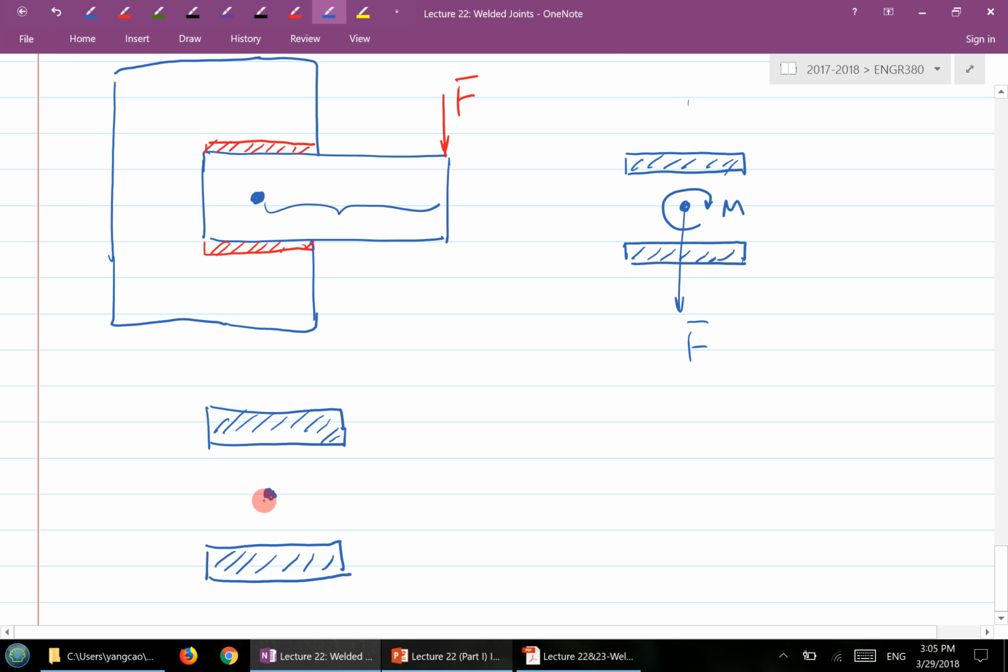Which location will be the most critical location within this weld group? Which location will be most critical? Well, according to the free body diagram, if you pick any location, you will have a force acting at that location. And how do I treat this force?